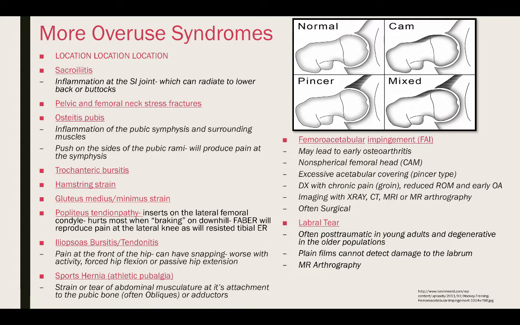Labral tears are often post-traumatic in young adults, so more of an injury rather than an overuse, but degenerative in older population, and you can't see them on plain films. So you can start to deduce that you have an issue there by doing the hip scour or the hip impingement, but you really need to get a little bit more advanced imaging, and MRIs are not comfortable, so you need to warn your patient of that.